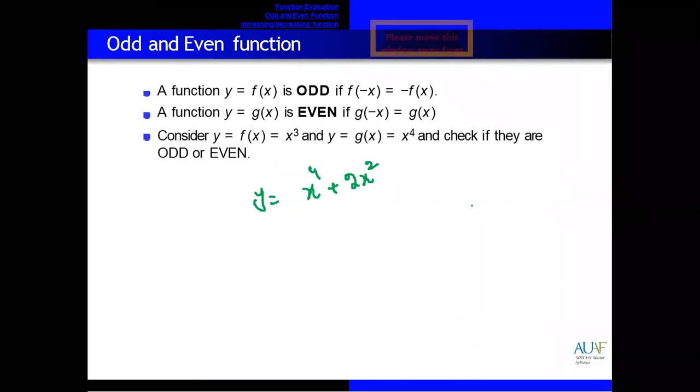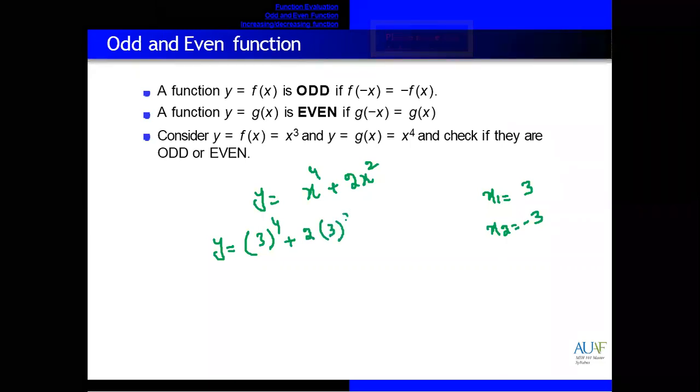So select two values, like x1 is, for example, 3 and x2 is equal to minus 3, the same values with opposite sign, plus and minus, and then put them in this function y is equal to x power 4, meaning 3 power 4, plus 2 into x square, meaning 3 square.